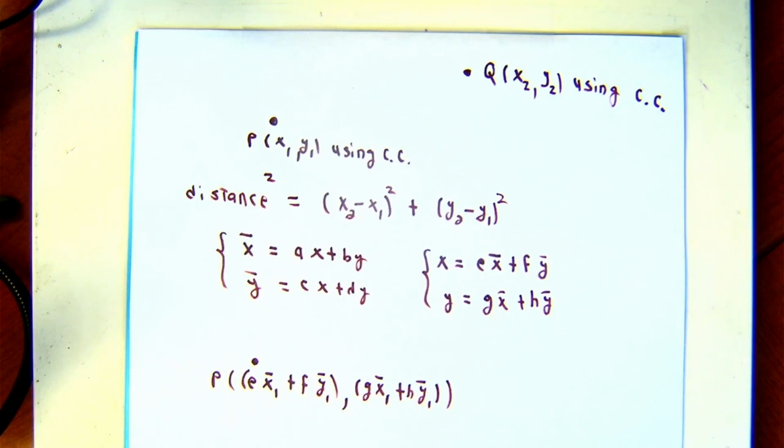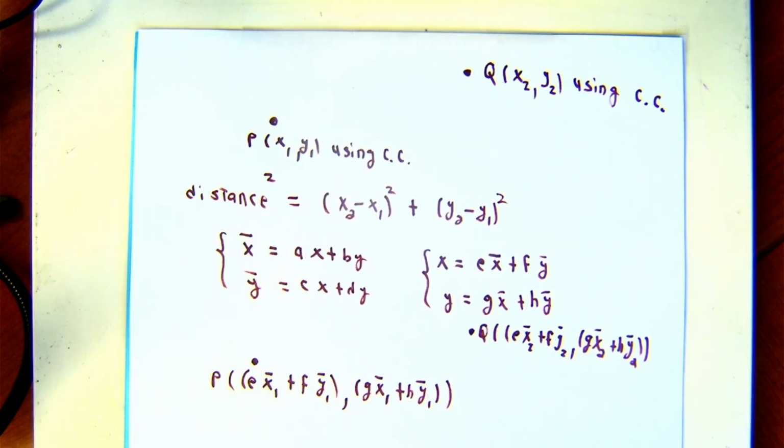If you were to tell me the x bar and y bar coordinates at point P, I could put those numbers into these two formulas and tell you what the x and y coordinates are. So this is another way to express the Cartesian x and y coordinates at point P. You can do the same for point Q.